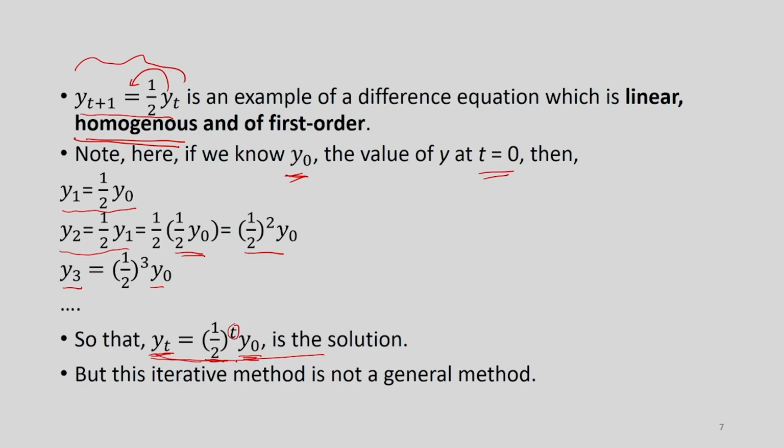So, this pattern that we are getting here will be called a solution. It will basically give me the value of y at any arbitrary point of time. So, if I am given the value of t, I can immediately tell you what is the value of y t. I will just put that t here, and I know what is y0. So, I will get the value of y t. But this iterative method cannot be applied everywhere. It is not a general method.